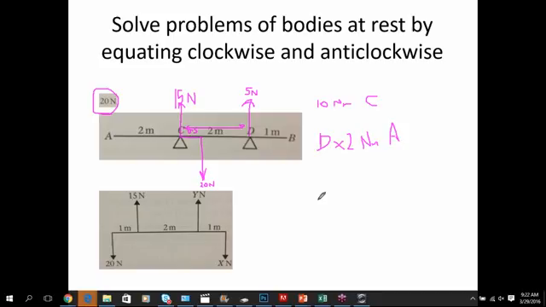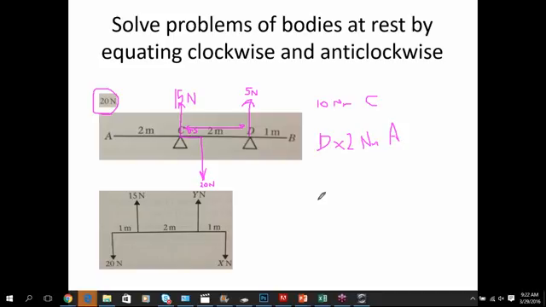So we've got y times 1, 15 times 3, and 20 times 4, which is anti-clockwise.